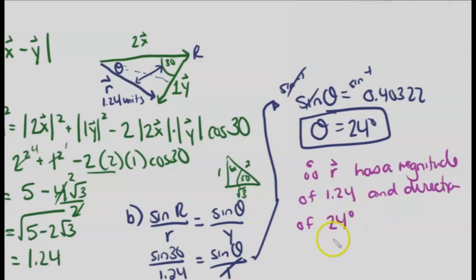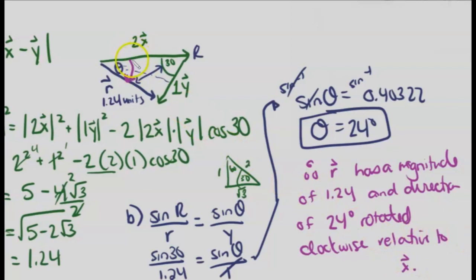So what we would quote this as is 24 degrees rotated clockwise, which is this way, relative to x. Okay, vector x. So we're quoting it in terms of where it lies from the first vector that we dealt with, which is vector x.